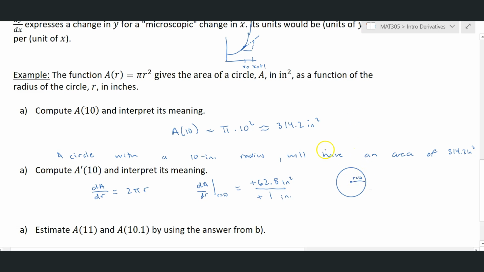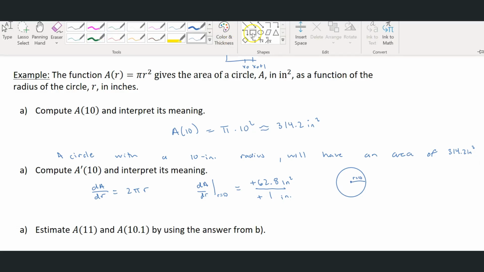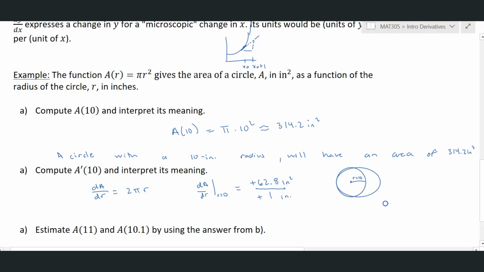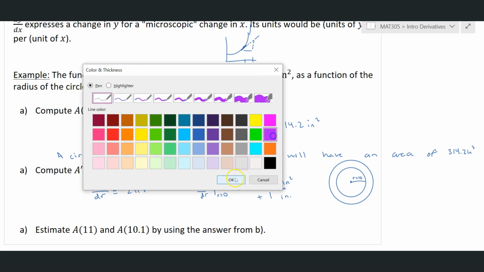If I were in theory to increase this circle to have a radius of 11, well, close enough, then that would mean that I would expect that area to increase by 62.8 more square inches.